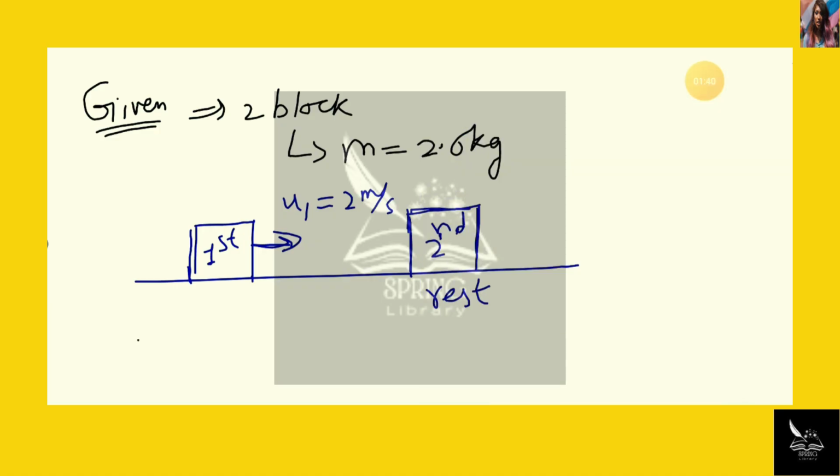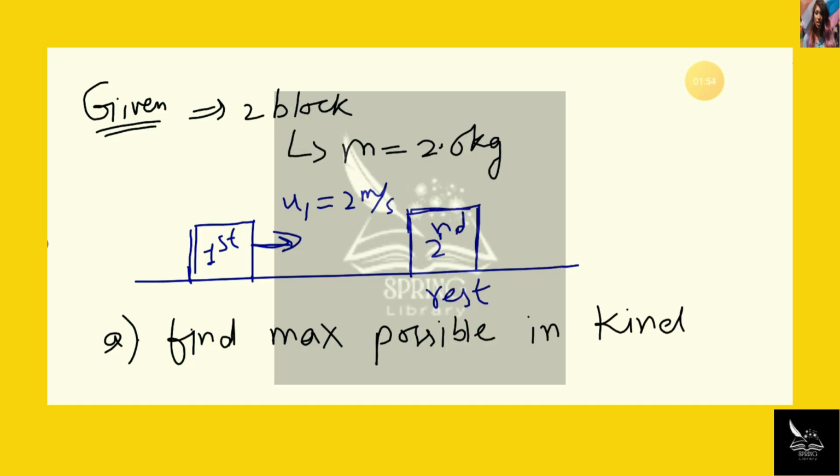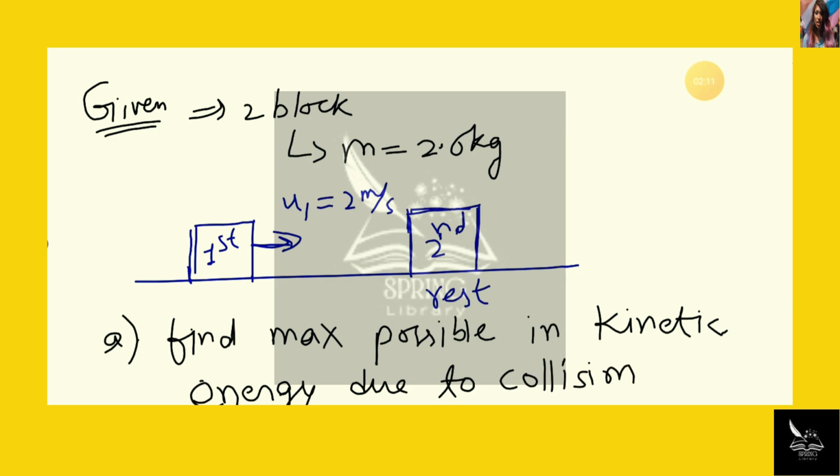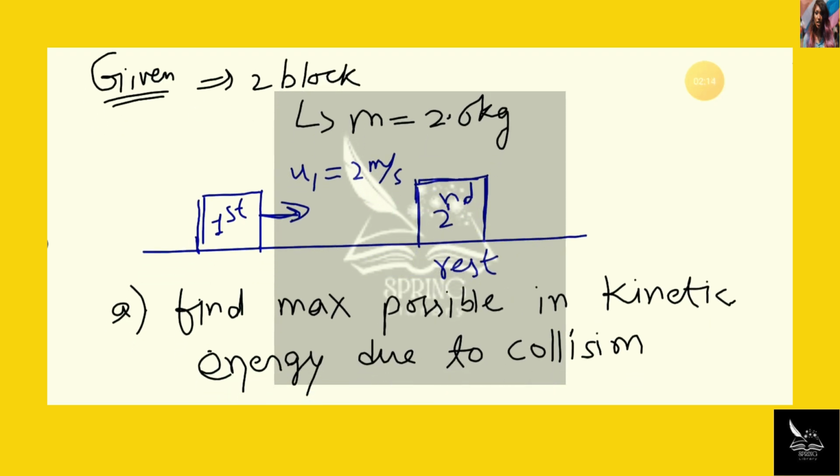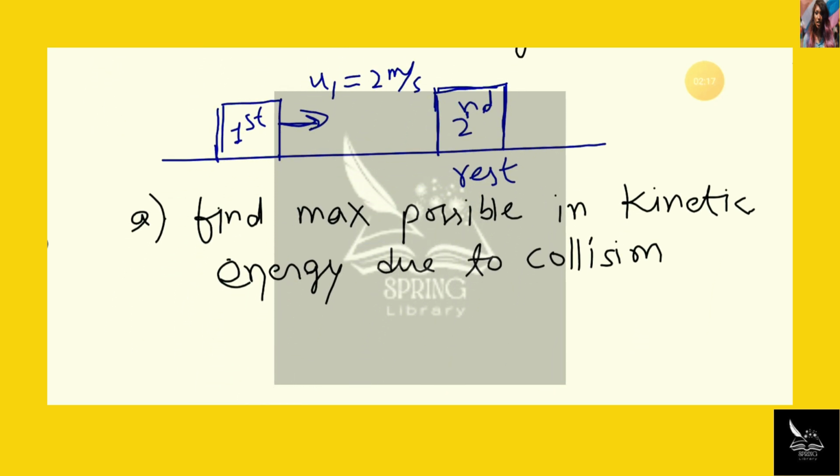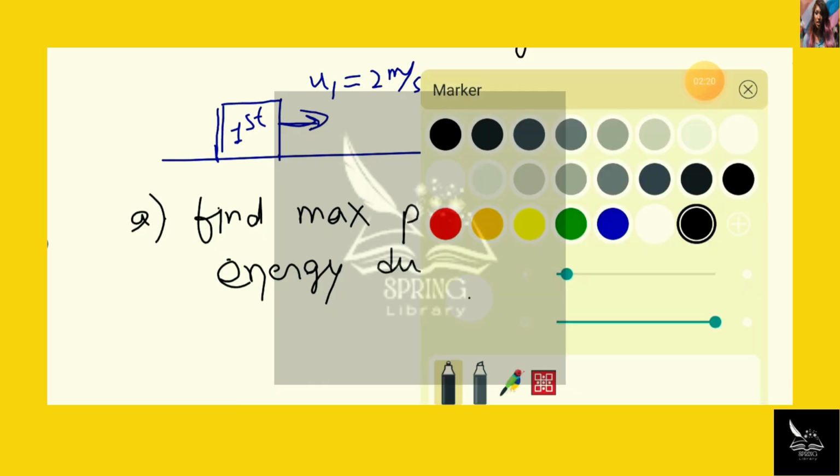In the first part, we have to find the maximum possible loss in kinetic energy due to collision, and in the second part, if the actual loss in kinetic energy is half of this maximum possible loss in kinetic energy, then we have to find the coefficient of restitution.